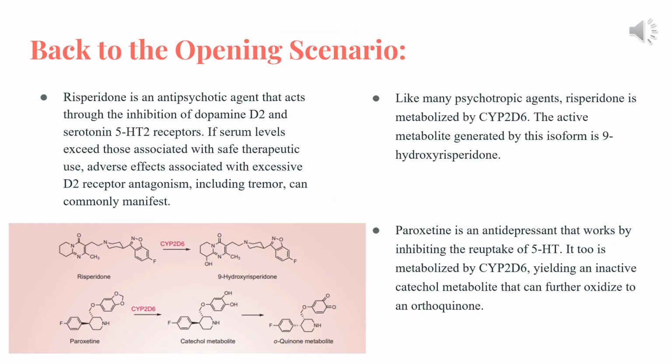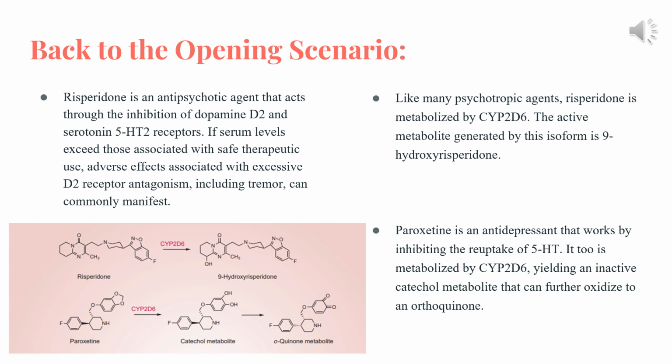Risperidone is an antipsychotic agent that acts through the inhibition of D2 and 5-HT2 receptors. If serum levels exceed those associated with safe therapeutic use, adverse effects associated with excessive D2 receptor antagonism, including tremor, can commonly manifest. Like many psychotropic agents, risperidone, as can be seen in the picture below, is metabolized by CYP2D6.